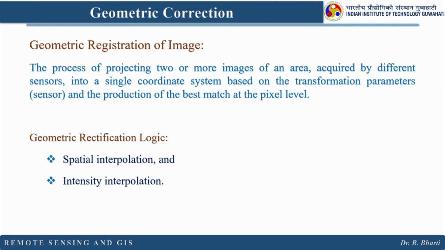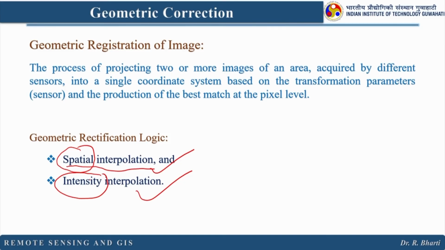There are two logics, this is how we are going to correct our image. The first one is spatial interpolation and the second is intensity interpolation. As the name indicates, spatial is related to location, so latitude, longitude, whereas intensity is related to your DN number.